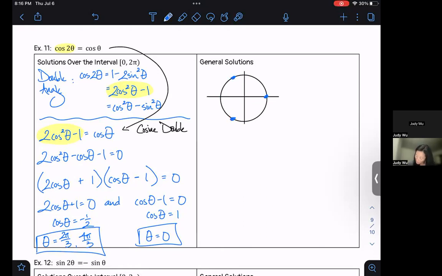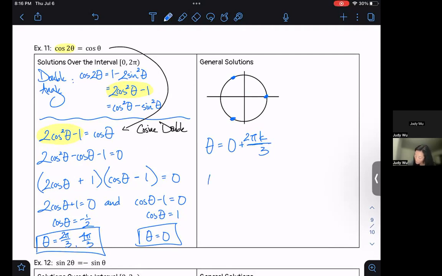So you know what we can do? We can just say theta equals 0 plus 2 pi k over 3. We're taking the whole unit circle, the 2 pi k, and we're cutting it up into 3 different pieces.